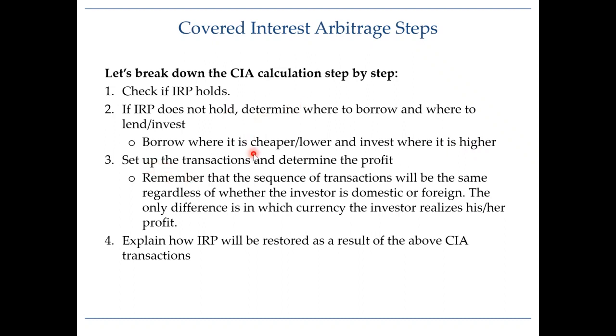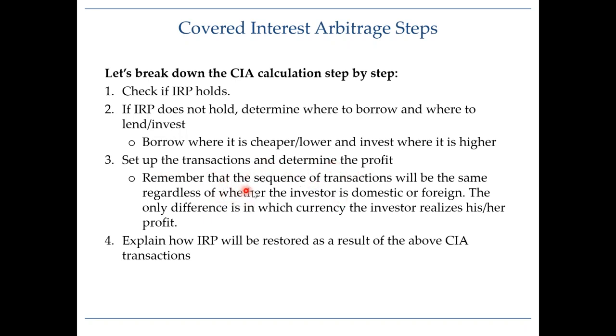Once you determine where you need to borrow and where you need to invest, again, a simple rule is, same as you want to buy low and sell high, you want to borrow where the number is lower and invest where the number is higher. Then you set up the rest of the transactions and you can determine the profit.